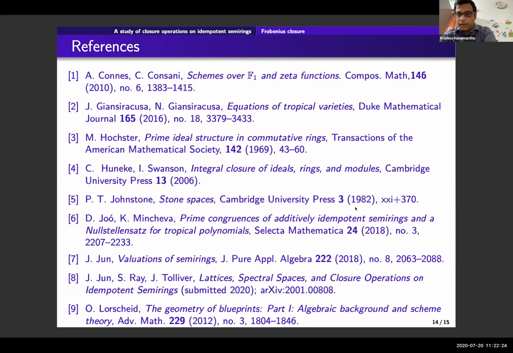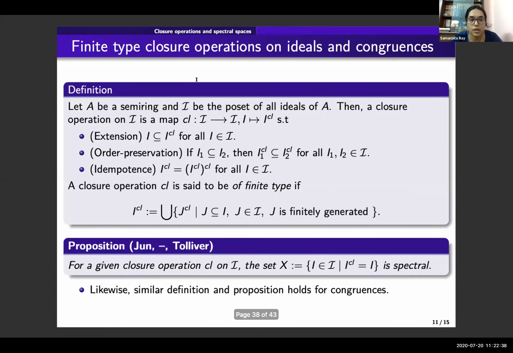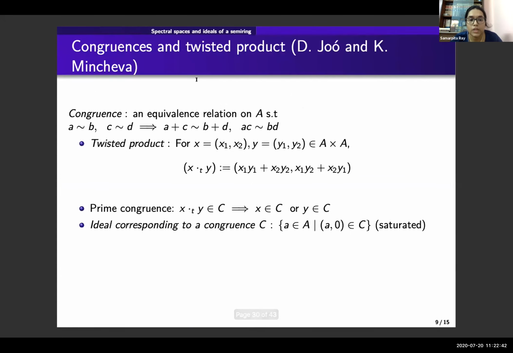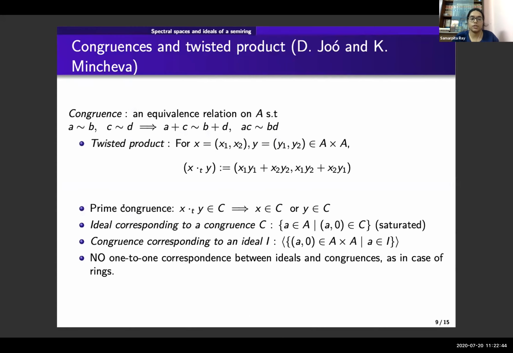Okay. And then, how are congruences and ideals different for semirings? One can of course give specific examples, but let me go back to the slide. Let's see here the correspondence between ideals and congruences.